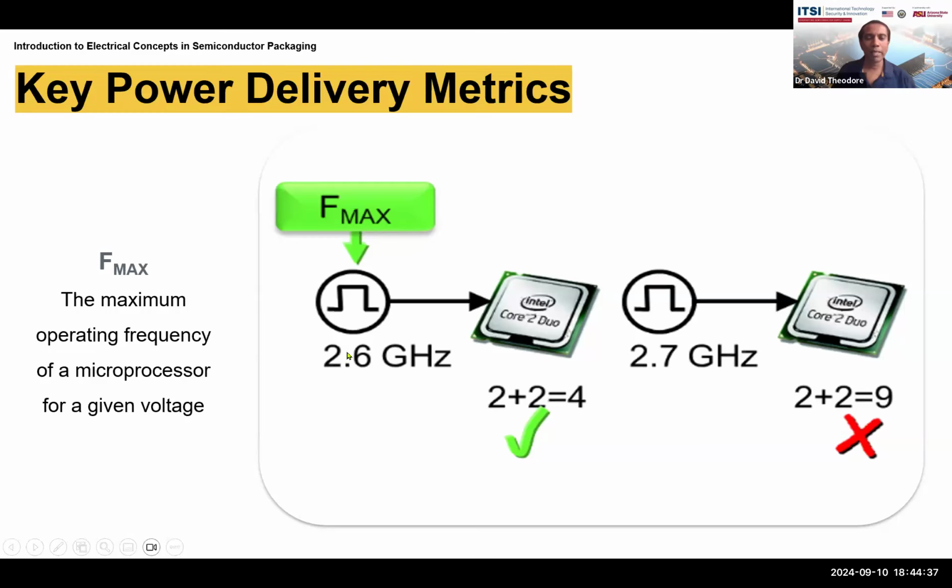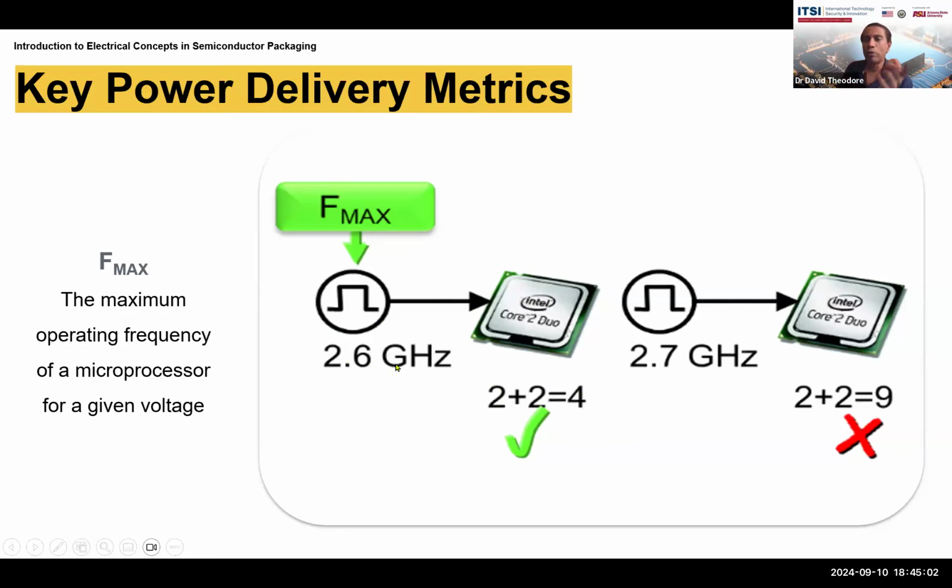Here is an example of 2.6 giga, and as a reminder, giga is billion, so a billion cycles per second. That is the clock rate at which this chip, in this case a Core 2 Duo, a 2-core Intel chip, is being operated. When you operate it at that frequency, you end up coming up with the correct answer, which is 2 + 2 = 4.